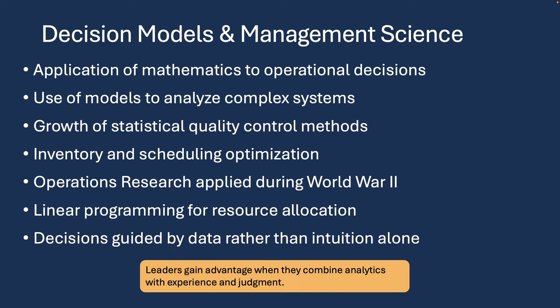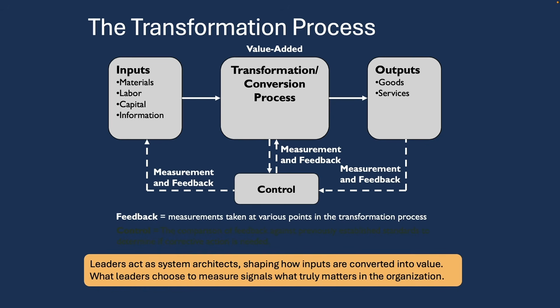From a leadership perspective, this era showed that better decisions come from disciplined analysis, not just experience or instinct. Models don't replace leadership judgment, but they raise the quality, consistency, and defensibility of operational decisions.